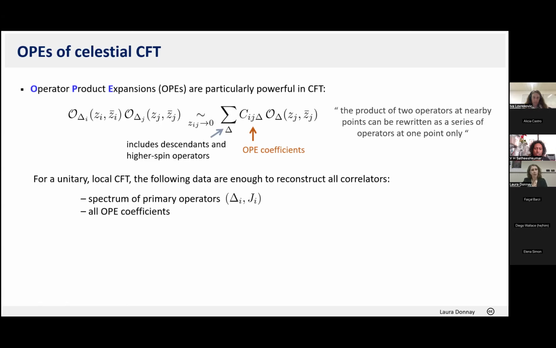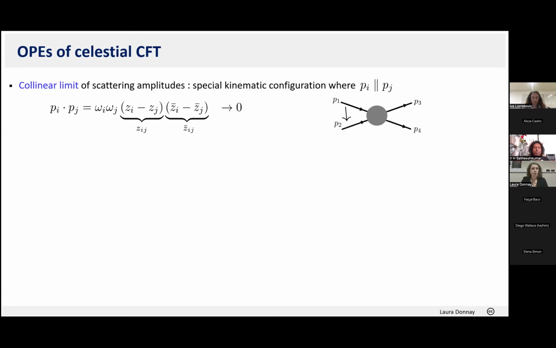And we would like to see whether there is some notion of OPE in celestial holography. As we are going to see now, the OPEs in celestial CFT are related to what is called the collinear limit of amplitudes. So what is a collinear limit? Well, a collinear limit, as the name strongly suggests, happens when you take a limit where two momenta, say p_i and p_j, become collinear, so parallel to each other.